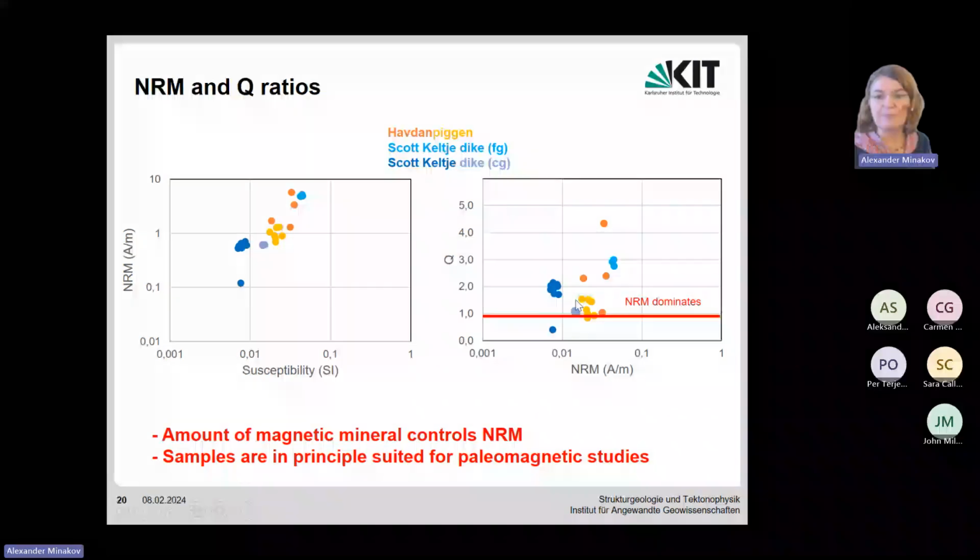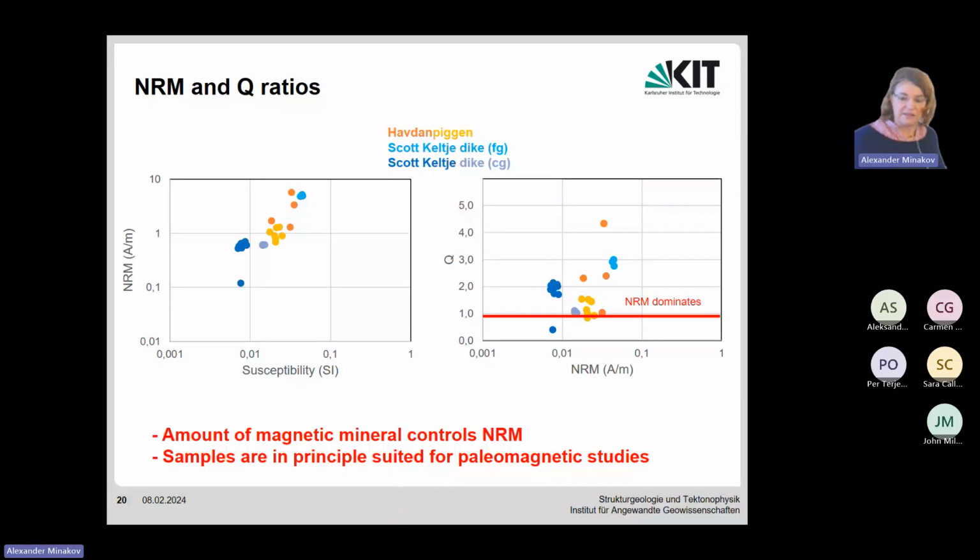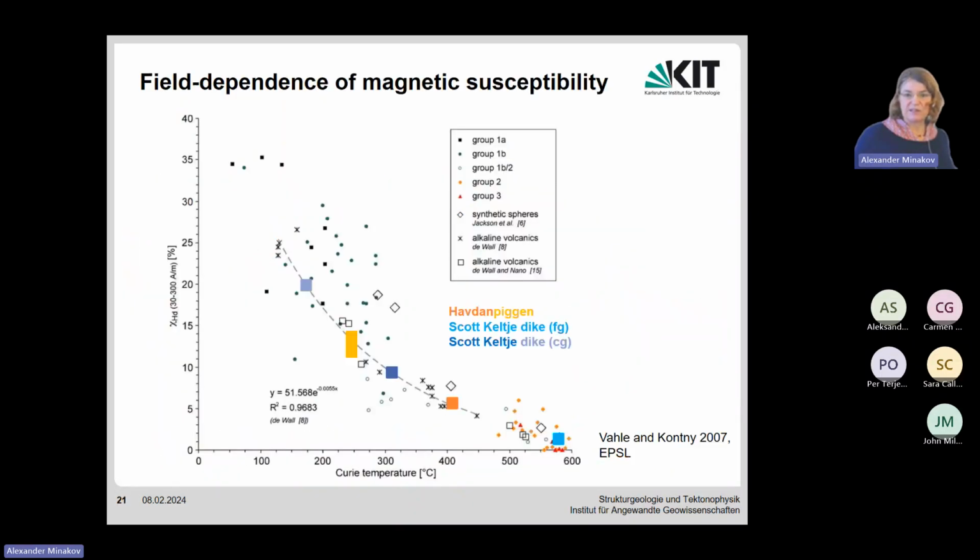If the value is above 1, as most of the samples are, they are in principle suited for paleomagnetic studies. So this was a test, and it shows the rocks have high remanences.